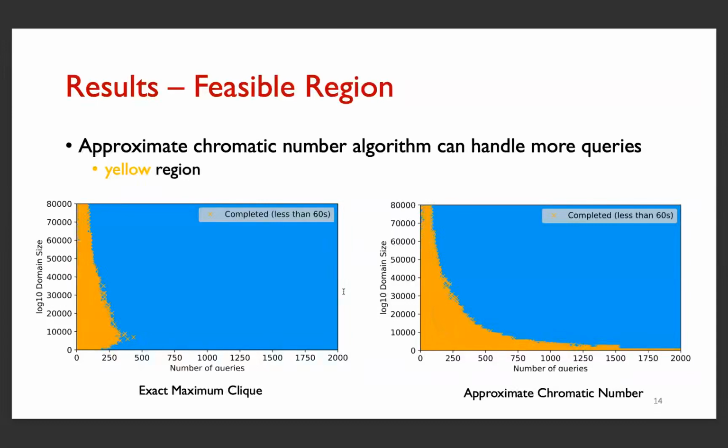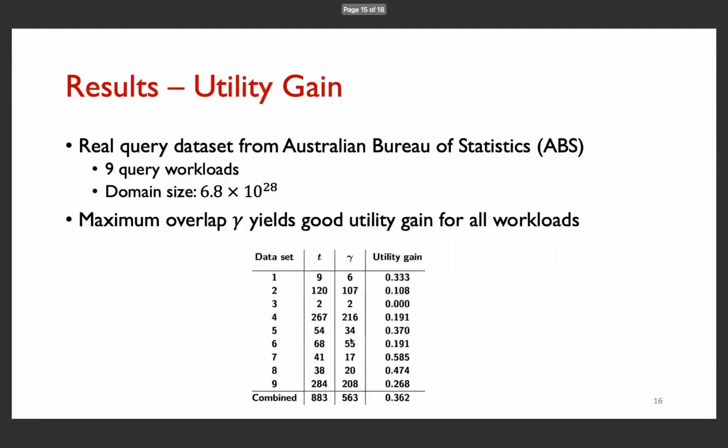The first of our results shows the feasibility of the algorithm in terms of the increasing domain size on the y-axis and the increasing number of queries. The yellow regions show those queries that were answered within the timeout of 60 seconds. We can see that the approximate chromatic number can handle more queries than the maximum clique.